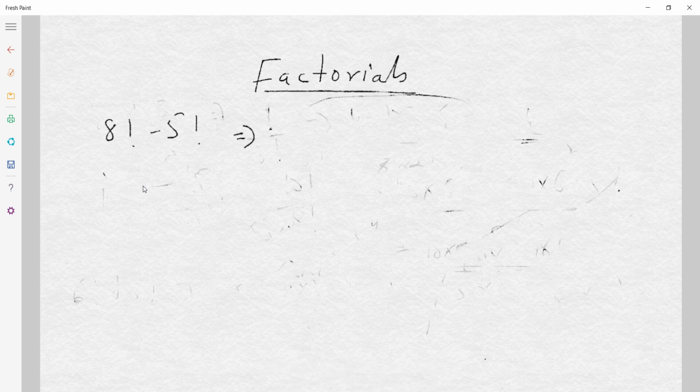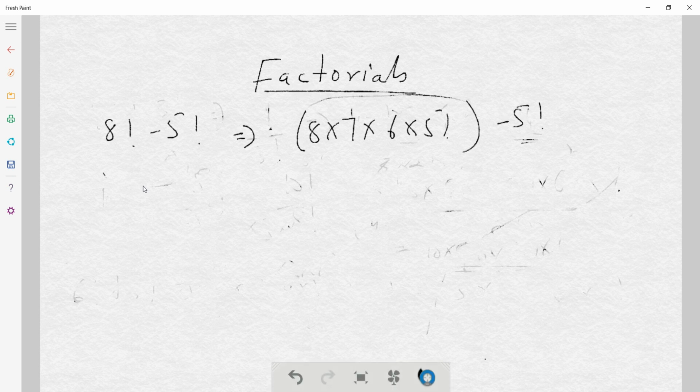So this could be written in a very simple way: 8 times 7 times 6 times 5 factorial, minus 5 factorial. You can do something like this, right? Because 8, 7, 6, 5 factorial, you can take the 5 factorial out, and then you have 8 times 7 times 6, and then minus 1, right?